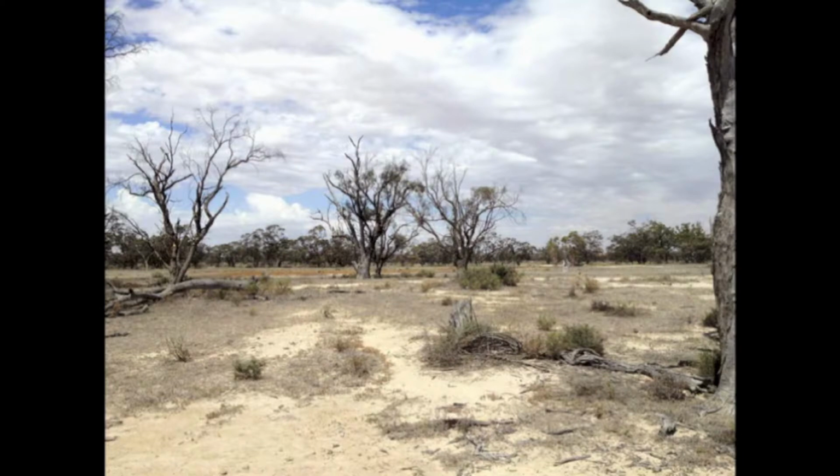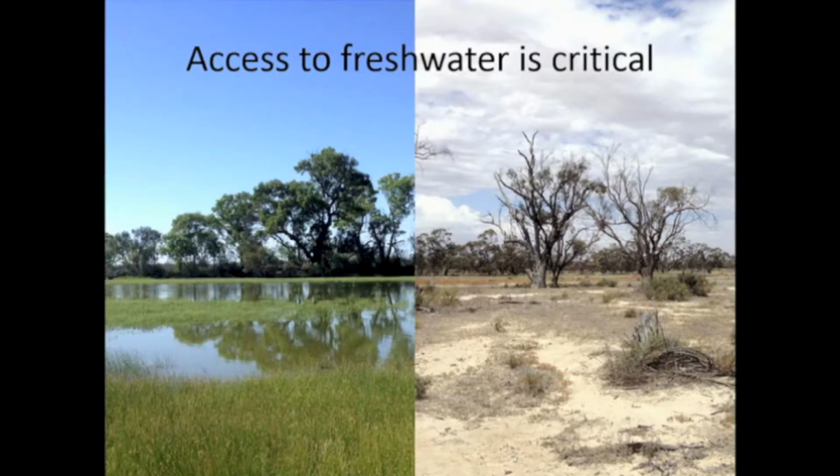Whereas later in the day, we went to this site, which is exactly what you don't really want in the River Murray floodplain. A lot of dieback, just generally unhappy looking. And generally speaking, the major difference between those two sites is access to fresh water. There are complications, but that's the main one. And Todd, who is the second speaker, has a much clearer grasp of the ecological reasons.